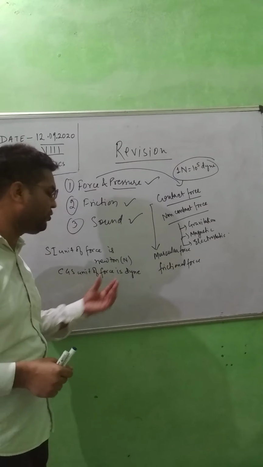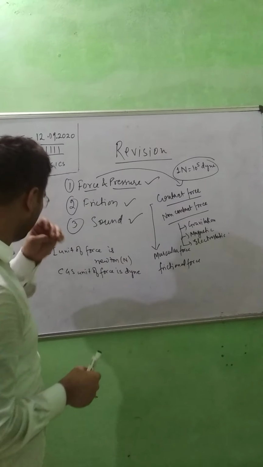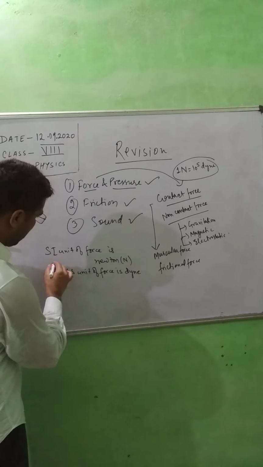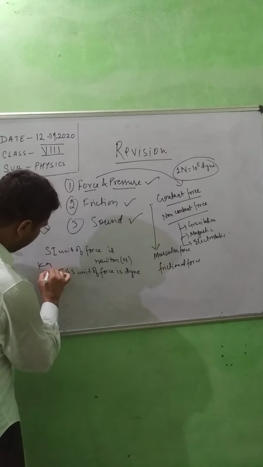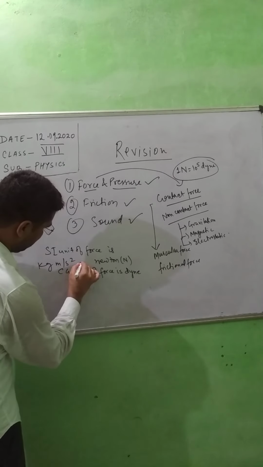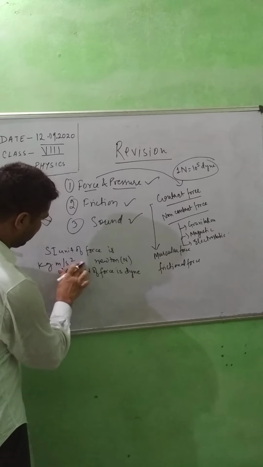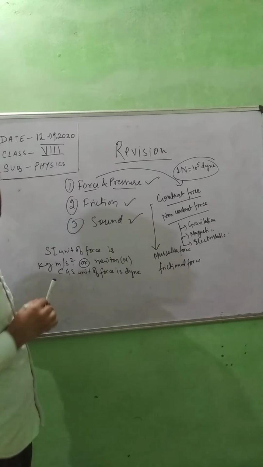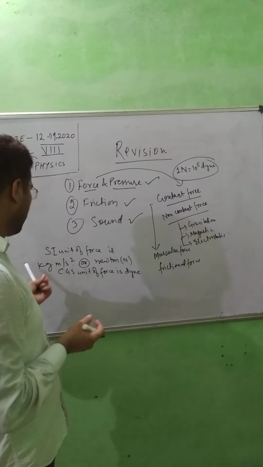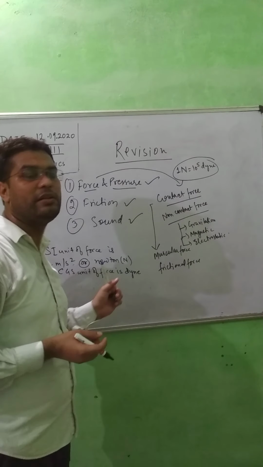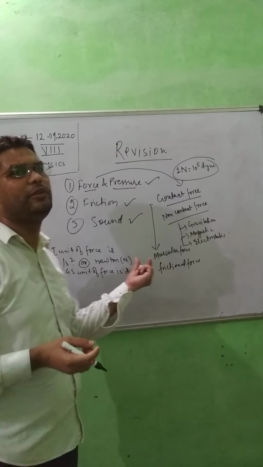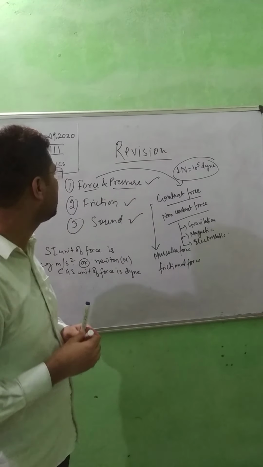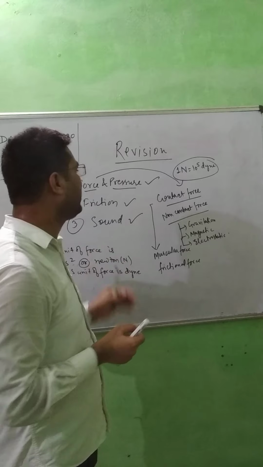Dyne is the CGS unit of force and the SI unit of force is Newton, or you can also write it as kg meter per second square. If kg meter per second square is given in the option, then write this, or if Newton is given, then write that. Okay, so the SI unit of force is Newton.